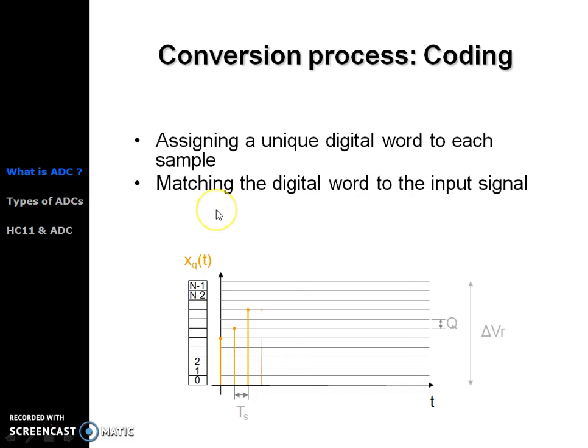Then the conversion process will start. Now we start assigning the values for those particular amplitude levels. Similarly, as in the previous slide, here also we will be assigning by matching the digital signal. So this signal will be matched to this, and like that all the signals we are going to take and represent. For example, this level is represented with 0, this level with 1, this with 2.